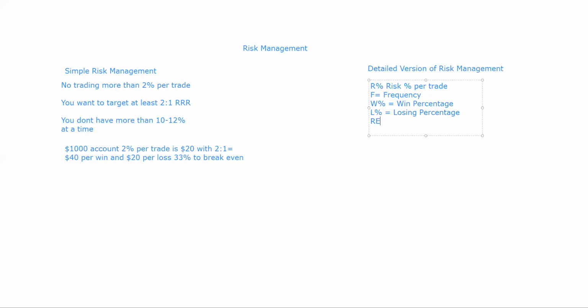So the reward part of your risk to reward. So in your risk reward ratio, the numerator, so if it's 2-to-1, 2 is your reward numerator.